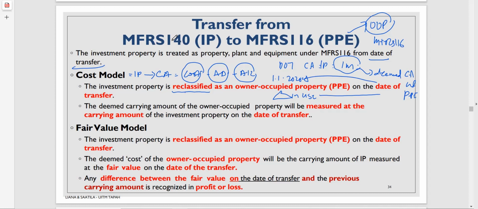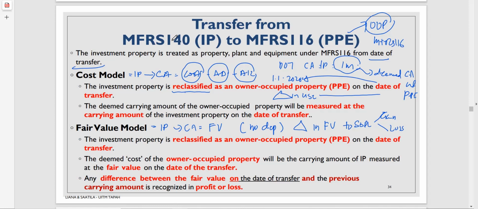That was according to MFRS 140. Under the fair value model, the carrying amount of the IP will be at fair value. Fair value means no depreciation, and we need to take note that the changes in fair value go to the SOPL, either as gain or as loss on change of fair value.